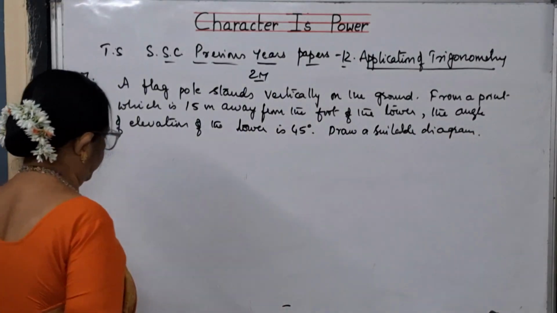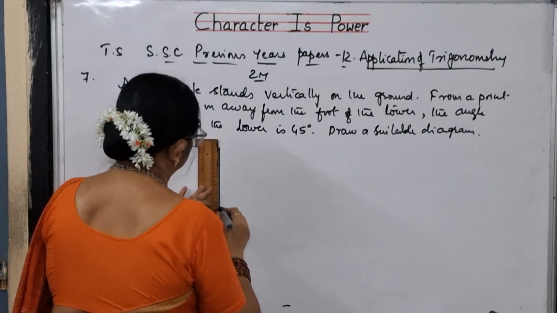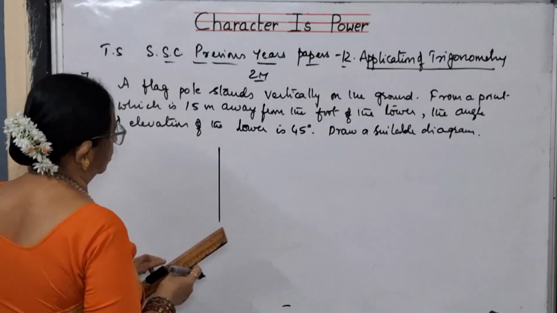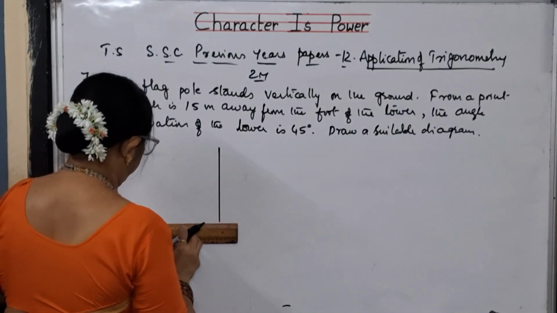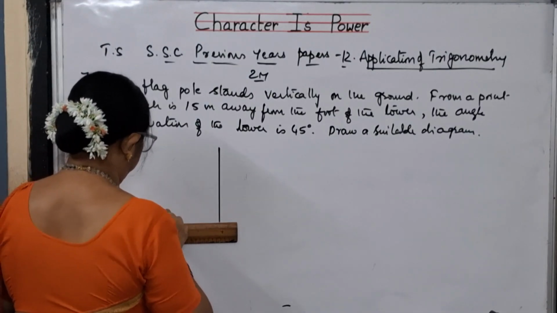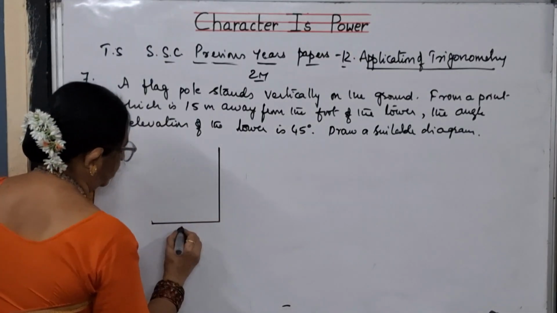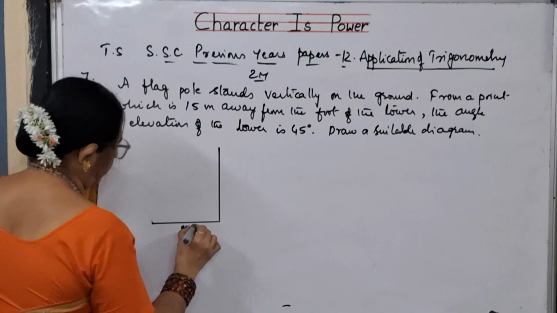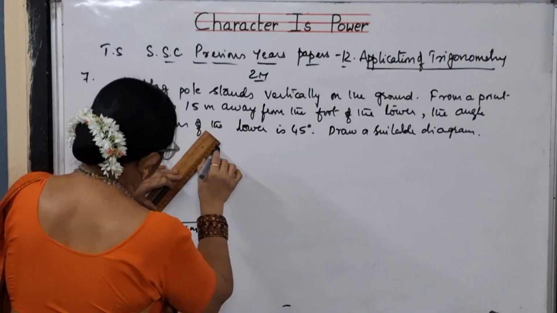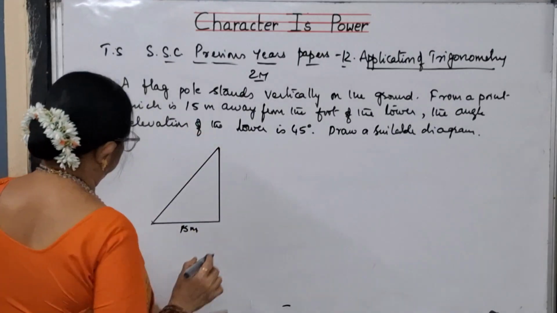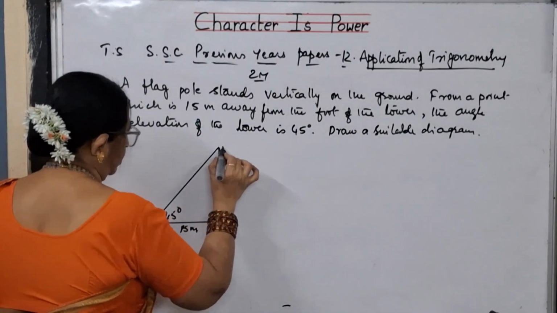So, a flagpole stands vertically on the ground. This is the flagpole. From a point which is 15 meters away from the foot of the flagpole, the angle of elevation is 45 degrees.